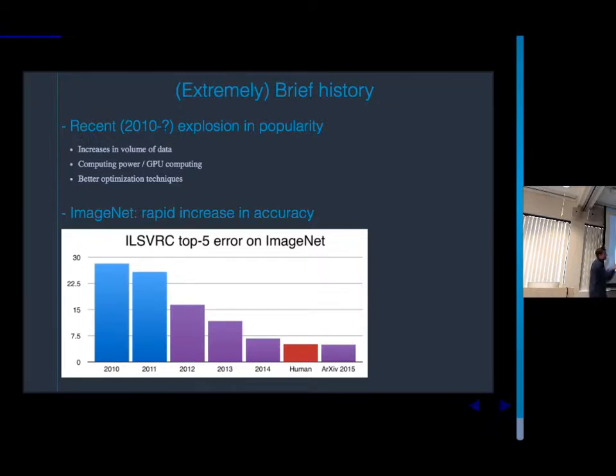This is the top 5 error, which means: was the true class in the top 5 classes that you predicted? And so you can see in 2010, which at least for me wasn't very long ago, maybe to you okay, the error was almost at 30%. And then every year it just started moving down.